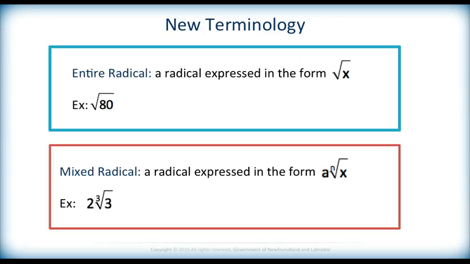An entire radical has not been simplified and is left with the whole number underneath the radical symbol. However, a mixed radical is the entire radical simplified. We will look very shortly at how to go from an entire radical to a mixed radical and a mixed radical to an entire radical.